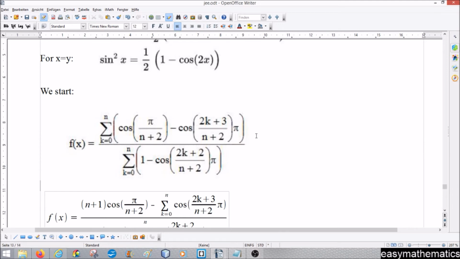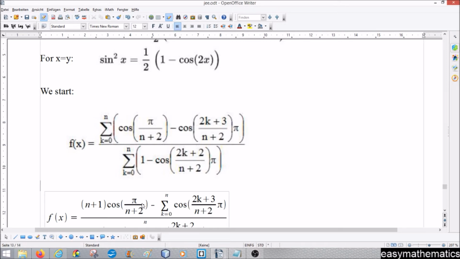Okay, and the next step is, you see in the numerator, the first cosine is not depending on k, so from k equals 0 to n, we have n plus 1 cosines.